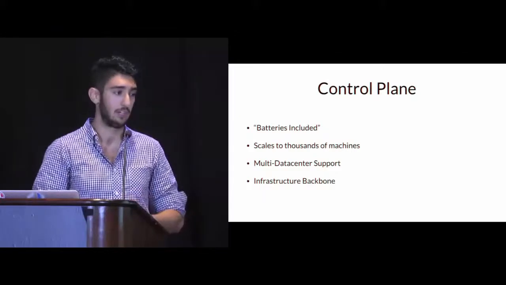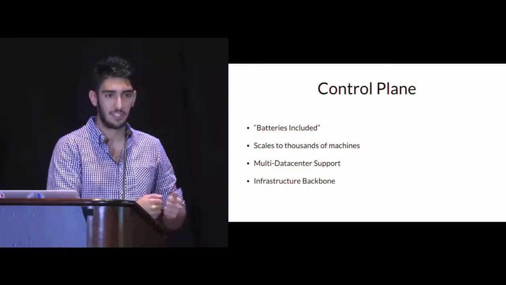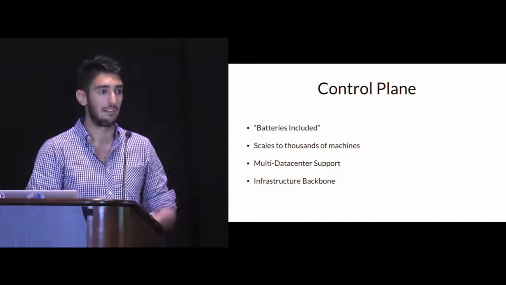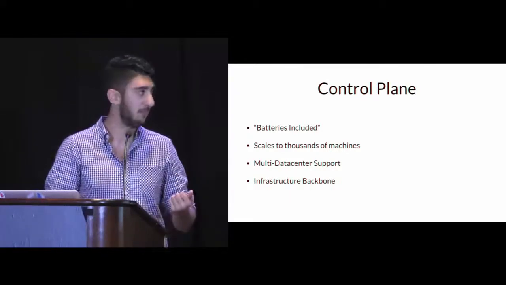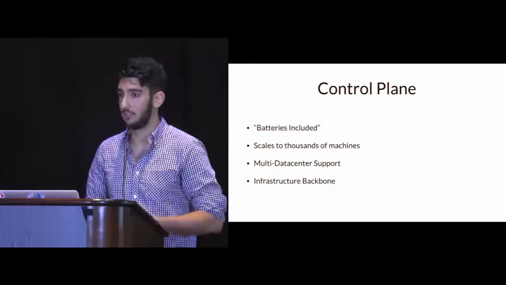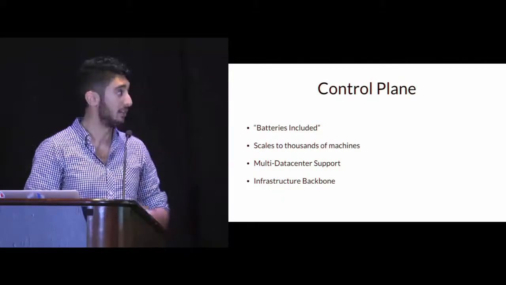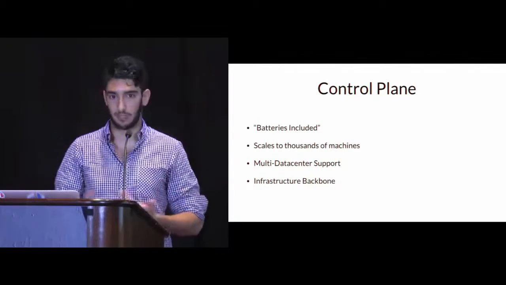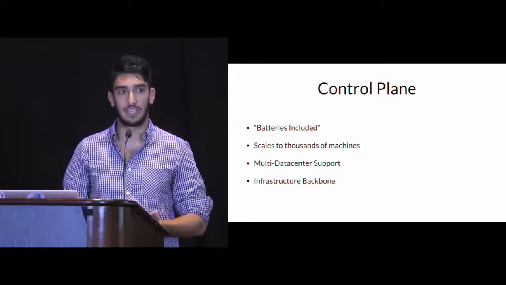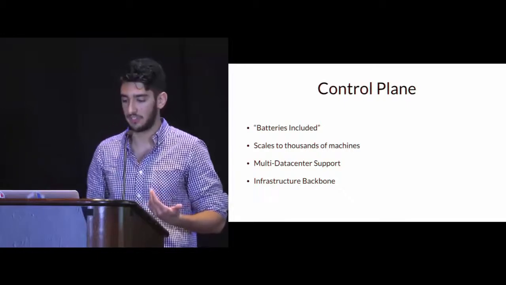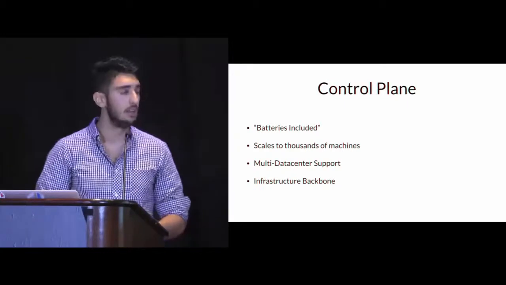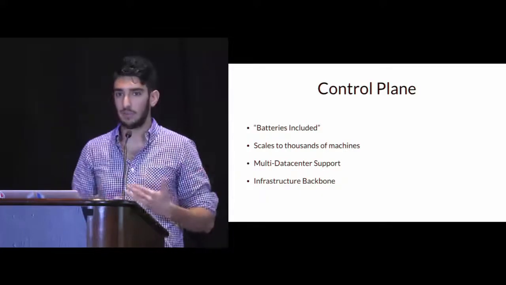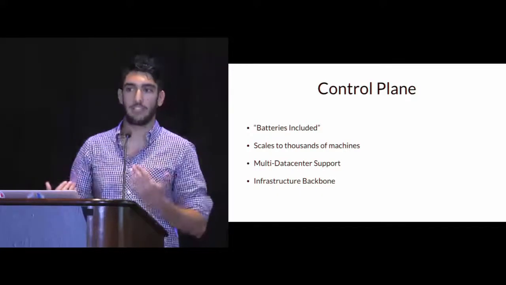You can start deploying it when you have 5 servers, continue to use it when you're at 5,000 servers, and not worry about having to re-architect your entire system while it's in production. It includes multi-data center support out of the box. So when you reach the point where you want multiple data centers, it's not something where you have to re-architect your entire Zookeeper system. It just works. And it provides a backbone on which you can build the rest of your infrastructure without having to figure out how you're integrating all of these pieces together.